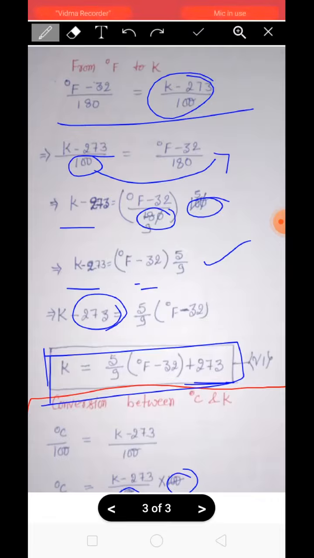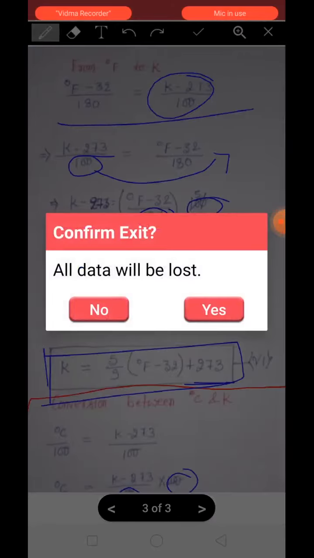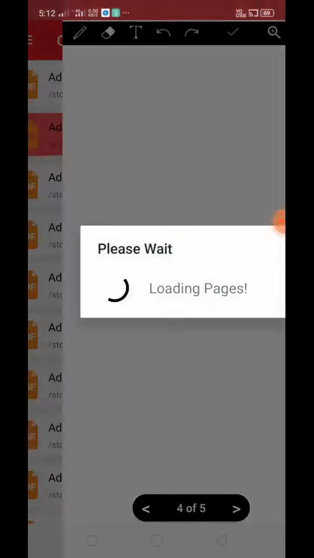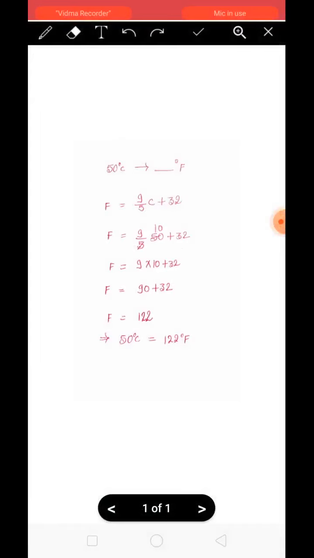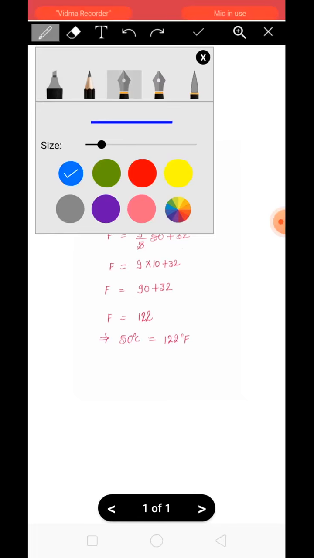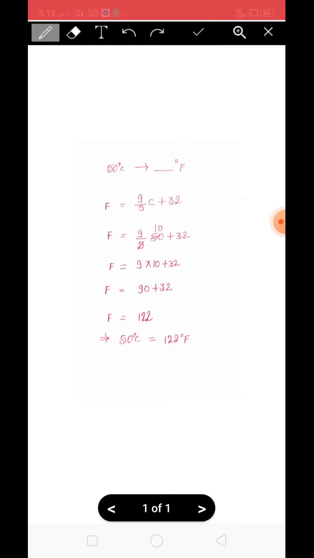Now the next part of the question is, how will you convert 50 degrees Celsius into Fahrenheit? For that you need to look at this question. The question is already given in the form of Celsius. Degree Celsius is already given to you, and you have to find how much Fahrenheit it will be.